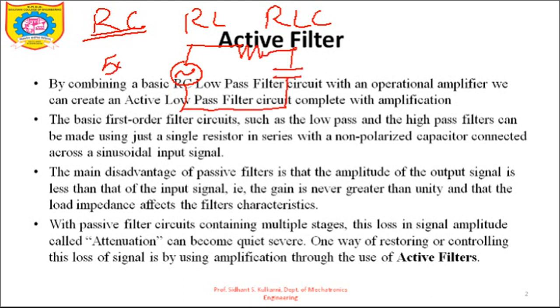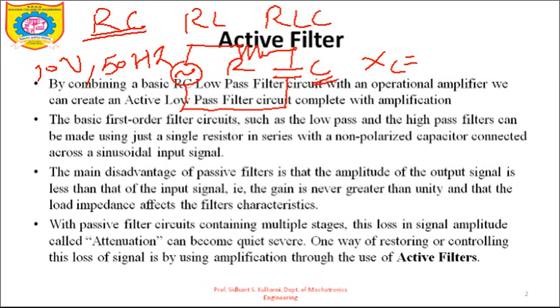Let's say this is a 10 volt, 50 hertz signal, which is given to this series combination of R and C. You know that resistance is not going to change, but capacitive impedance depends on frequency. So for lower frequency it will offer low impedance, and for higher frequency it will offer high impedance.